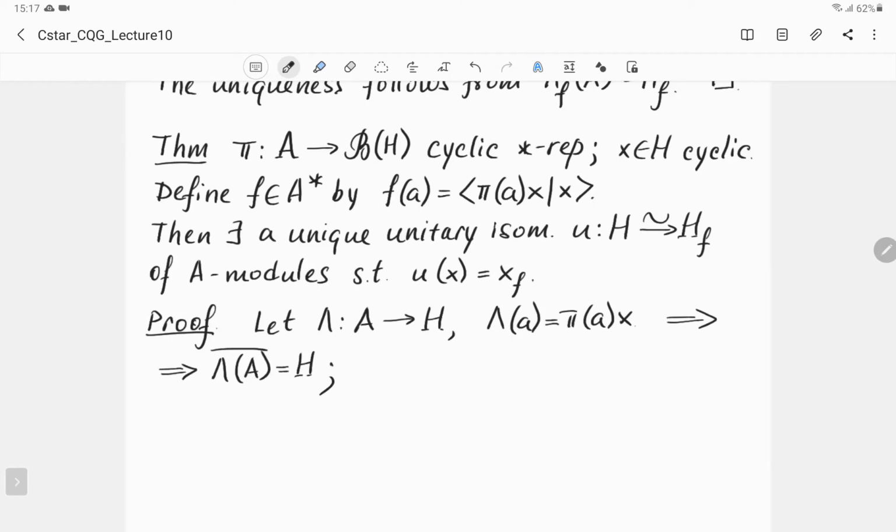Second, if we calculate the inner product of lambda a and lambda b, this will be the inner product of pi of a x and pi of b x, and we can move now pi of b from right to left, and we get pi of b star pi of a x, and we take the inner product with x.